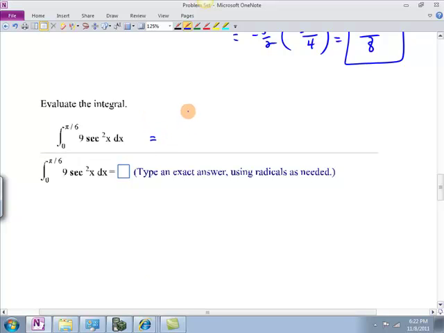So this is the same as 9 times the integral of 0 to negative pi over 6 of secant squared x dx. So I don't have to worry about the 9, it's going to get multiplied at the end. All right, what is the integral of secant squared?